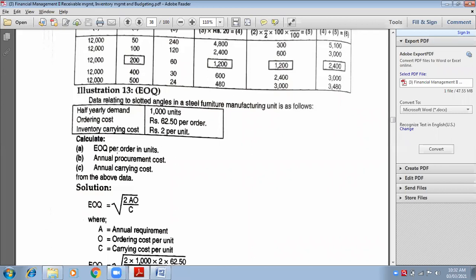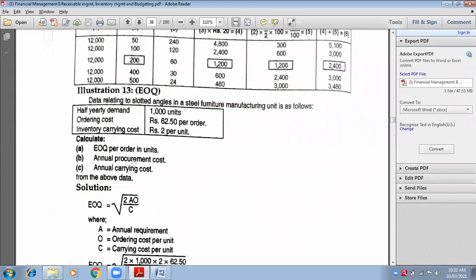So now what is asked? EOQ, annual procurement cost, meaning annual ordering cost, and third, annual carrying cost. Procurement means ordering. So all four formulas we have to do. In the exam also all four formulas will be asked.